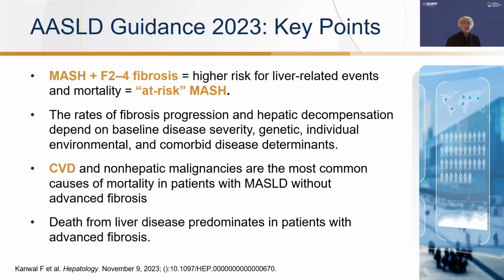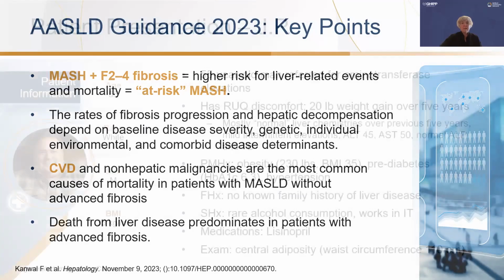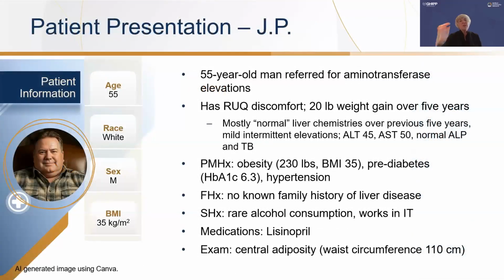And then we also need to remember that cardiovascular disease and non-hepatic malignancies are the most common causes of mortality in patients with MASLD. And once again, getting back to that, death from liver disease predominates in patients with advanced fibrosis, 30 to 40%, which is very high to me when I think about it.